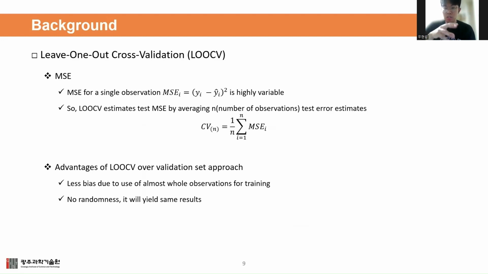So we can do this n times and then average, estimating the test MSE by averaging these test error estimates. The advantage of this method over the prior method is that LOOCV's output has less bias due to using almost the whole set of observations for training. And also it doesn't have randomness.